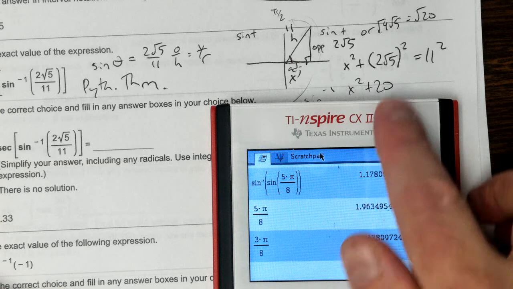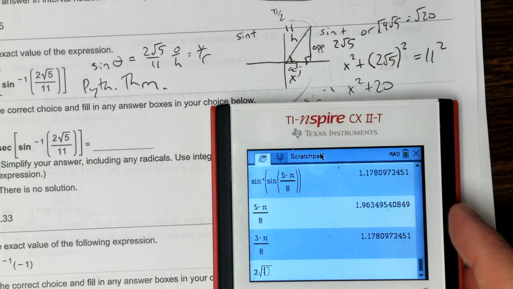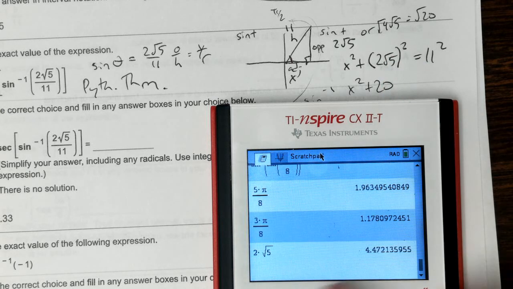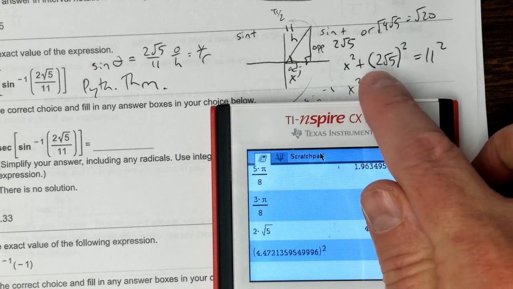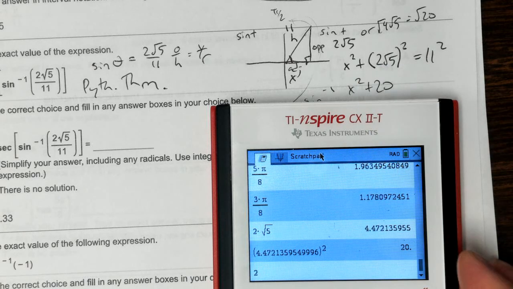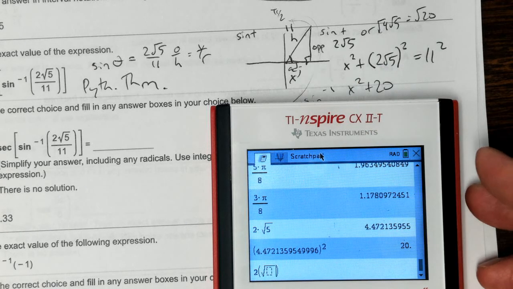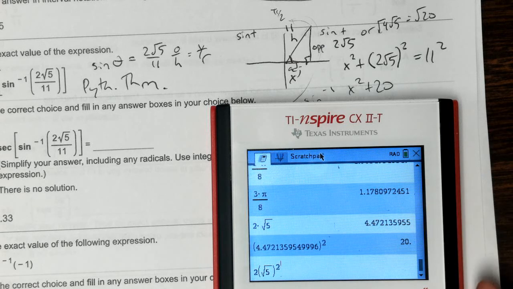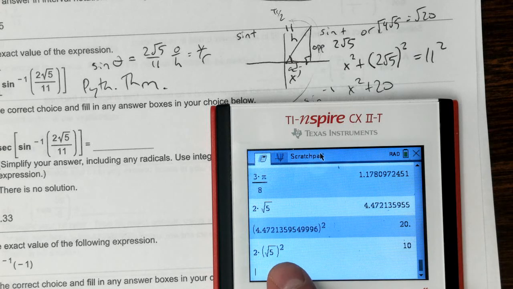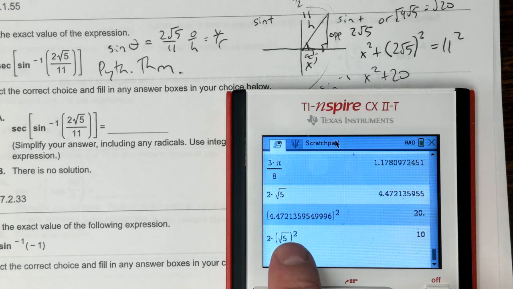So that's how I can think about it, like using number sense. If you'd rather just type in 2 square root of 5, then press enter or control enter, then square it, you get 20. My concern is if you type it incorrectly, like this, that's not going to be right. If you do 2 times just the square root of 5 squared, that's wrong.